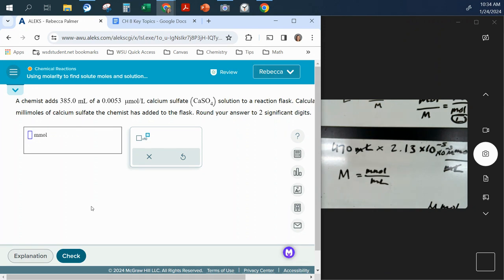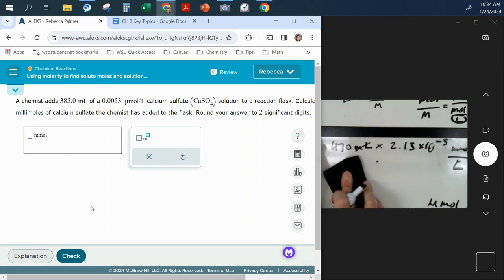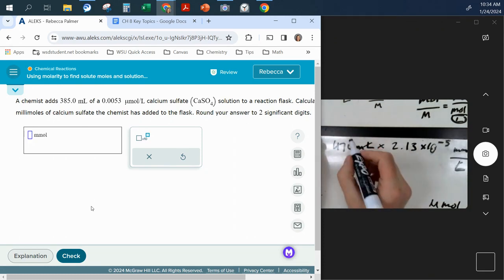The other option would be to convert this one back to, it was wrong. Okay, so the other option is you're going to convert this to, let's just convert this to liters.